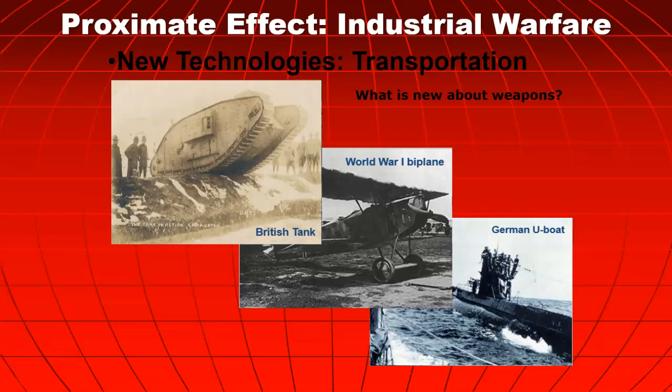And then we also get this new thing called a tank. The tank originally, its purpose was to go over no man's land to provide protection for the soldiers that had to do that. But if you notice, the shape of this tank is such that it's also designed to go over the trench of the enemy.